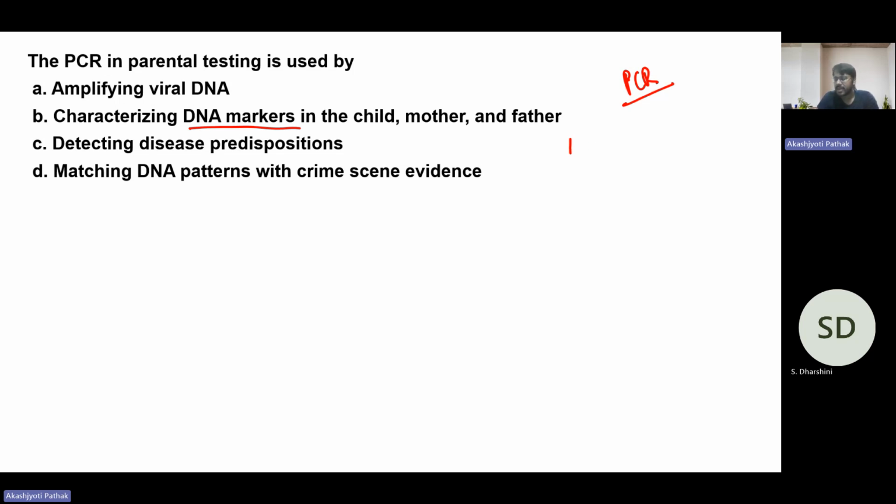You must have read this in DNA fingerprinting. If you compare these particular regions between the DNA of the mother, father, and the child, you can identify this; this is what is done in parental testing.